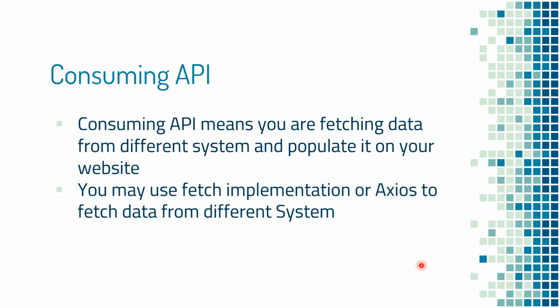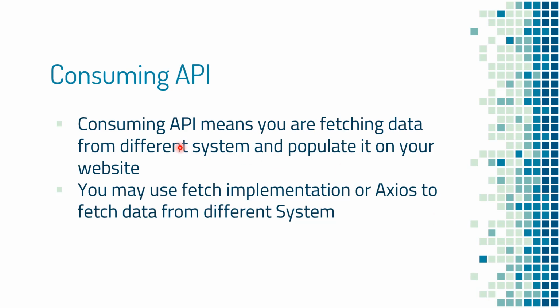For example, if you wanted to use a geolocation service provided by Google, it's really hard to build your own implementation to get geolocation. Instead, you will make a call to another API where you can consume it and fetch the data that you need.